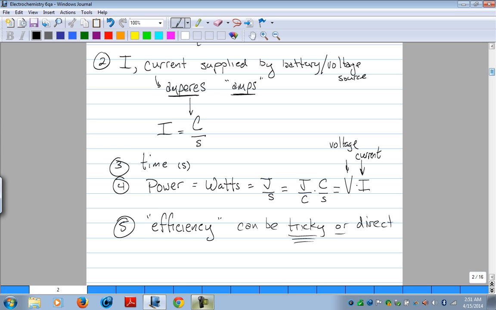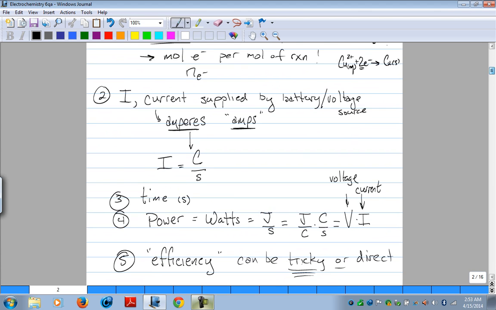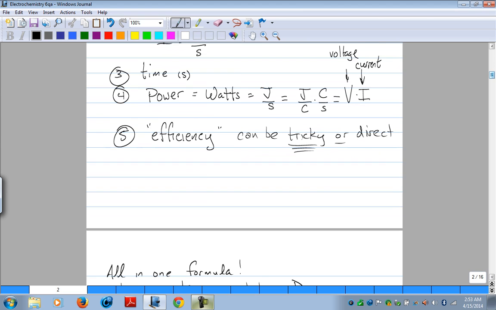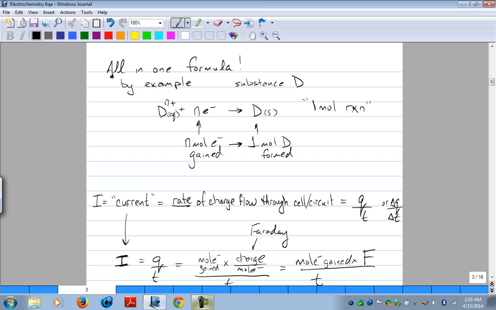And these can be tricky questions or very direct. We'll get to that. So let's see how all of these various variables can be combined to come up with some useful information. We'll try to put this in an all-in-one formula and then do the problem either in steps or just all at once.